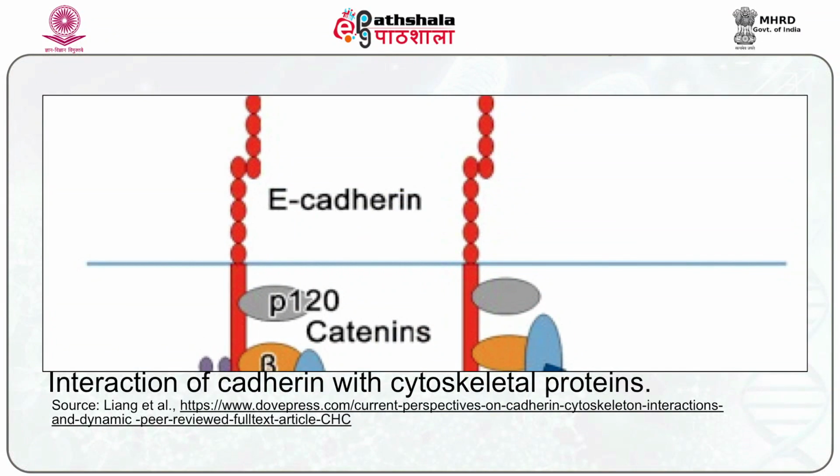The cytoplasmic tail of cadherin interacts with the actin cytoskeleton mediated by two anchor proteins, the alpha catenin and the beta catenin, and an intracellular protein, that is the P120 catenin, to form the so-called zonula adherens or the adherens junction.